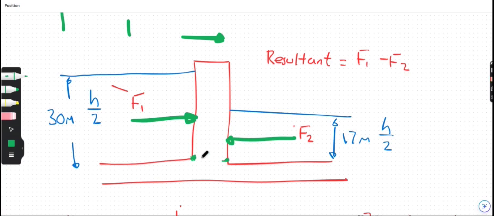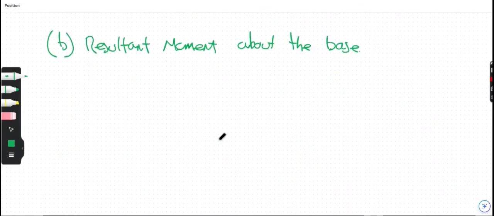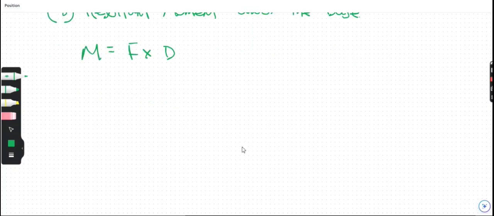So we're going to try and turn it around that pivot point, if you remember doing moments. So we need to find moments. We know that a moment is force times distance. So I'm going to find now the moment due to F1.